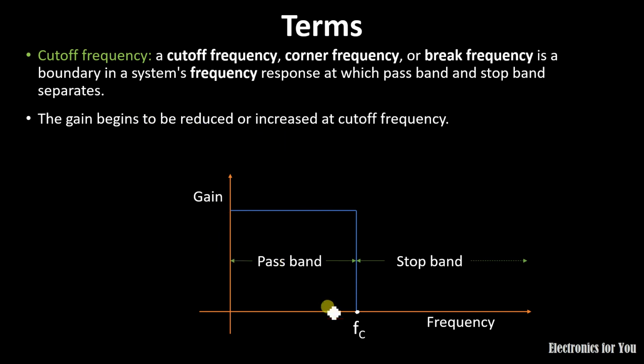So note here that the gain may be reduced or increased. Here the gain is completely stopped. So we can say that further the frequency is blocked. But practically, we can observe that the gain may be reduced.